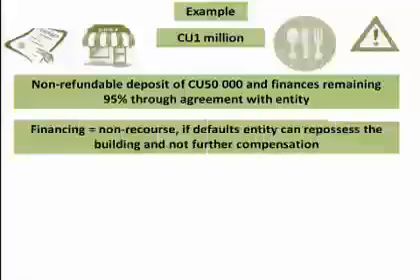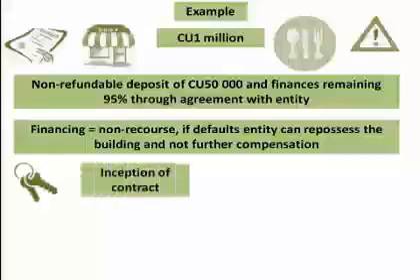The financing arrangement is provided on a non-recourse basis, which means that if the customer defaults, the entity can repossess the building, but cannot seek further compensation from the customer, even if the collateral does not cover the full value of the amount owed. The customer obtains control of the building at contract inception.